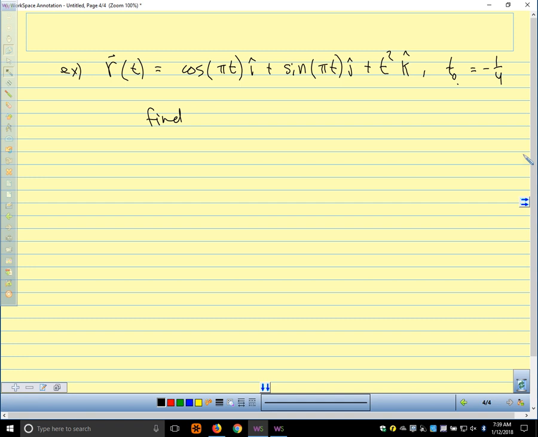All right, so we want to find r prime of t0 over the magnitude of r prime at t0. And if we think of this as a particle moving along that helix, what would this give us?